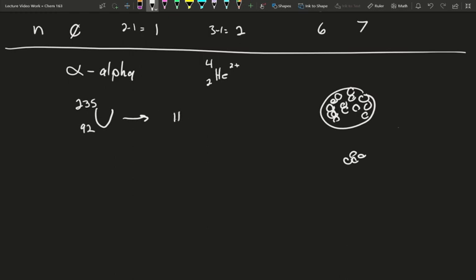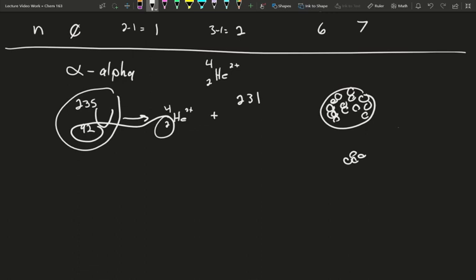It'll make 1 alpha particle. And well, what happens to our uranium? It loses 4 things from its nucleus. So it's no longer 235, it's 231. 2 of them were protons, so it only has 90 protons now. It's no longer uranium, it is thorium.